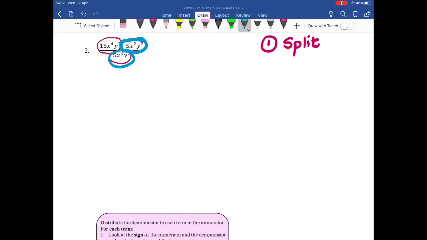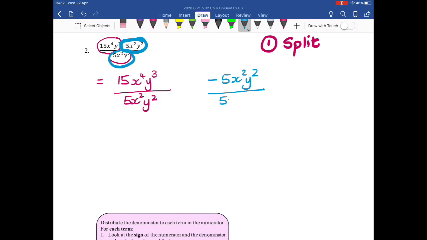Right, so now I'm just going to rewrite it. So that's going to be 15x to the 4 y cubed over 5x squared y squared. And then the other one, I'm going to write negative 5x squared y squared over 5x squared y squared.